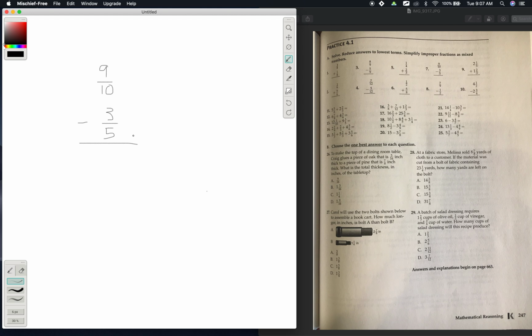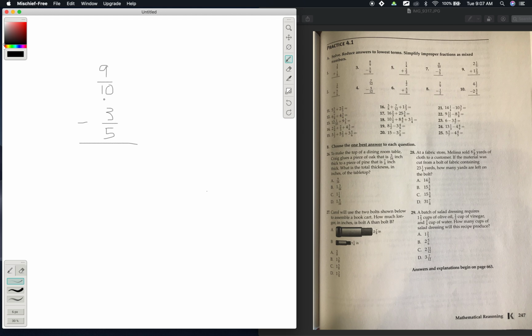Okay? So that's why I was saying on the first page, change both denominators or just one. Because if 5 can go into 10 evenly, then we can just change this one here to a 10. Okay? And that's with any of them.